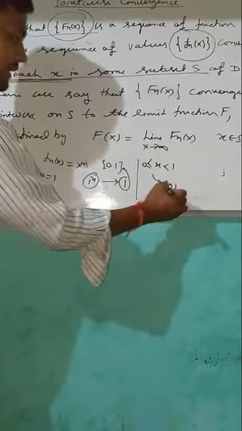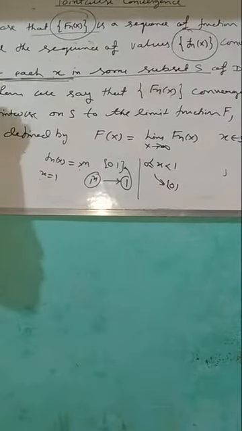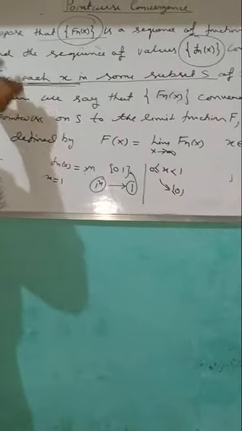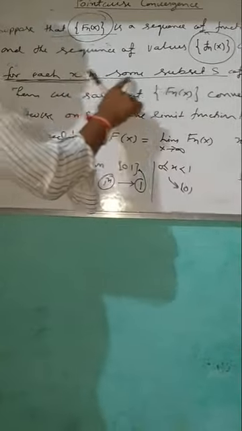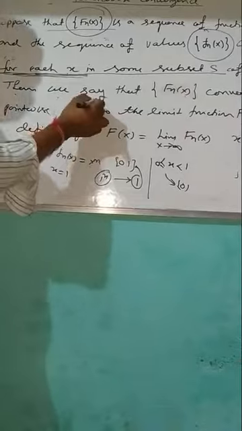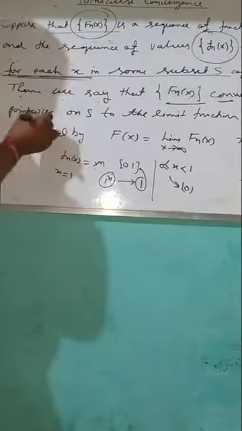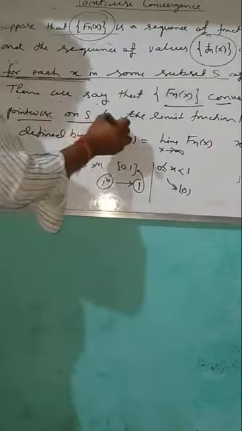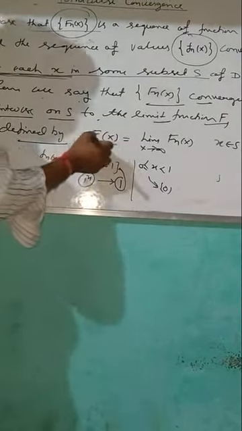This is another part of the domain. Similarly, for each x in some subset S of D, we say that f_n(x) converges pointwise on S to the limit function f defined by f(x) equal to this limit, for x belonging to the set S.